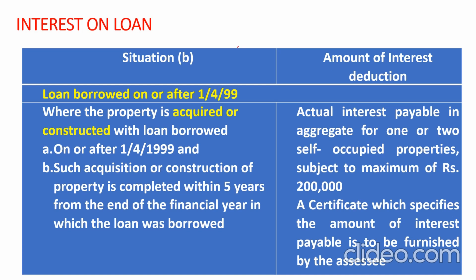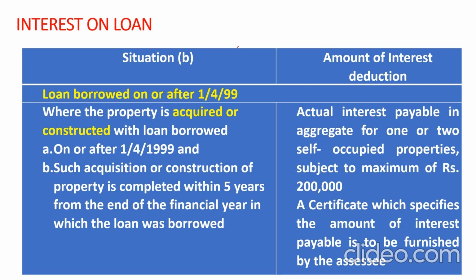Situation B: if the loan is borrowed on or after 1/4/99 and the property is acquired or constructed with the loan borrowed on or after 1/4/1999, and such acquisition or construction of the property is completed within 5 years from the end of the financial year in which the loan was borrowed, then the actual interest payable in aggregate for one or two self-occupied properties is subject to a maximum of 2 lakhs.